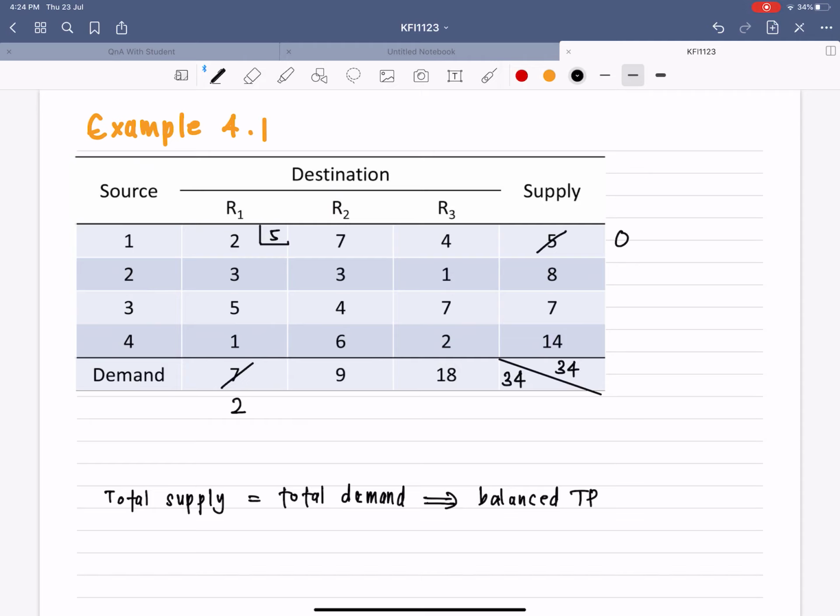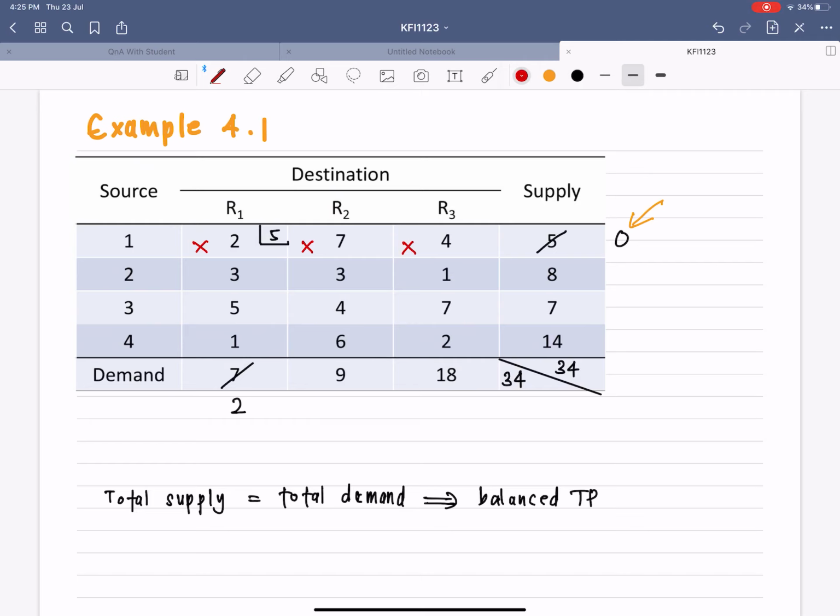Because here you have this value as 0, we will cancel out the first row.